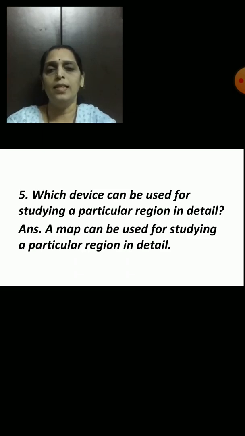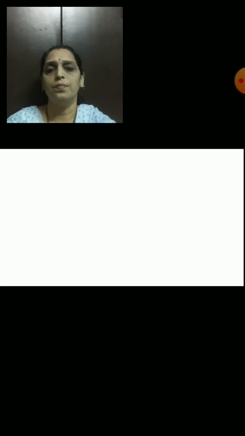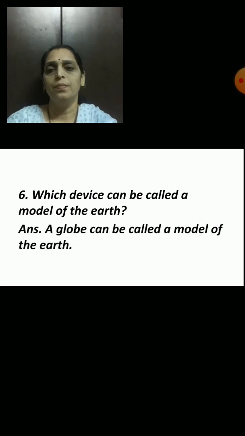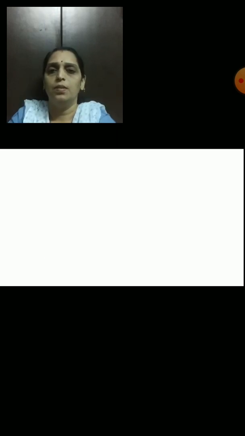Very good. Next, which device can be called a model of the earth? Yes, come on, fast, recollect. What will be the answer? Good, a globe can be called a model of the earth.